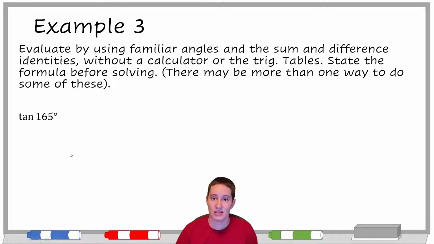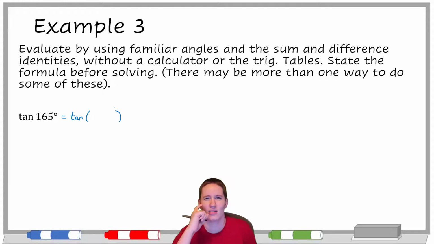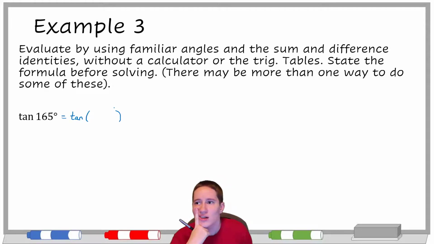Let's do tangent, and let's make this a little more interesting by using 165. So we're looking either for things that add to get 165 or subtract to get 165, and I'm going to be honest, I'm more likely to think of things that add. So looking at a unit circle might help, because then you can see all the different angles, because 60 and 45 aren't big enough.